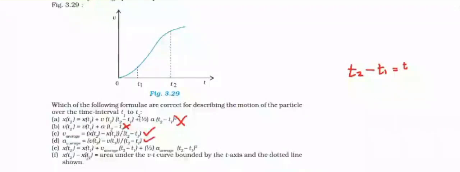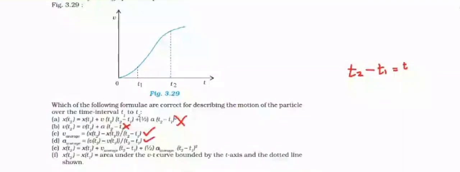Then next, x(t2) is equal to x(t1) plus v average into t plus half into a average into t square. So here also you see when you take a average, it means only one value. Average value is a single value, which means acceleration is constant.